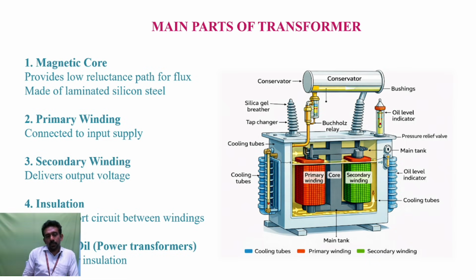This is a steel magnetic core present in the heart of the transformers. The core is primarily responsible to transfer the magnetic flux from the primary winding to the secondary winding. As it is transferring the flux from the primary to secondary, it should have a very low reluctance path for the magnetic flux to transfer.